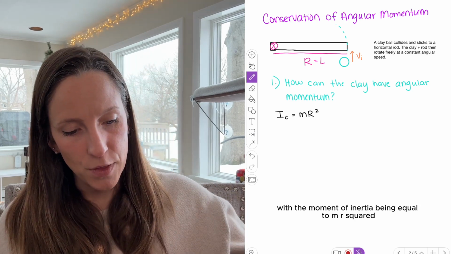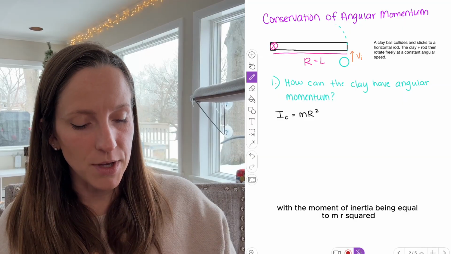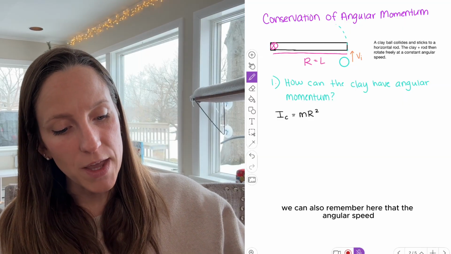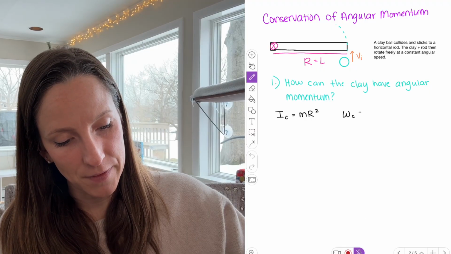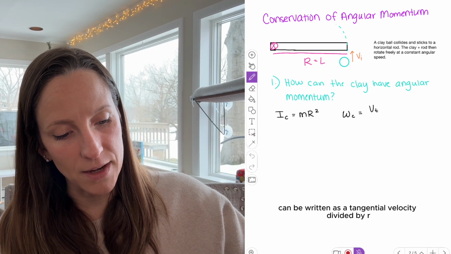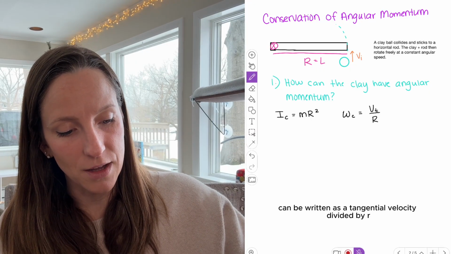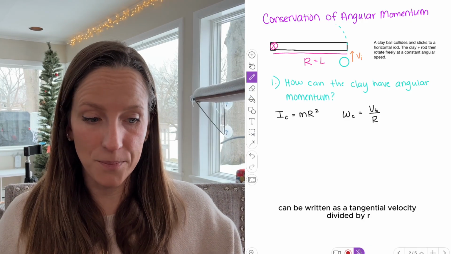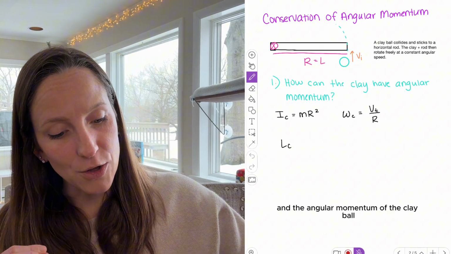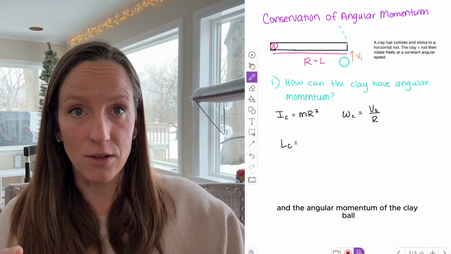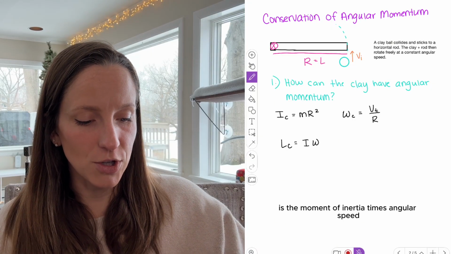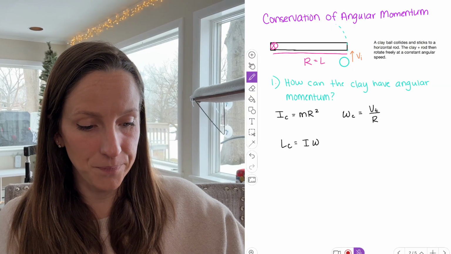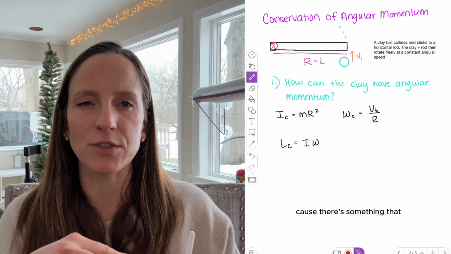So with the moment of inertia being equal to mr squared, we can also remember here that the angular speed can be written as a tangential velocity divided by R. And the angular momentum of the clay ball, angular momentum in general, is the moment of inertia times angular speed. I'm just going to do a little substitution here because there's something I want to mention.